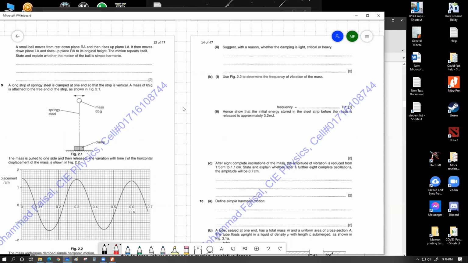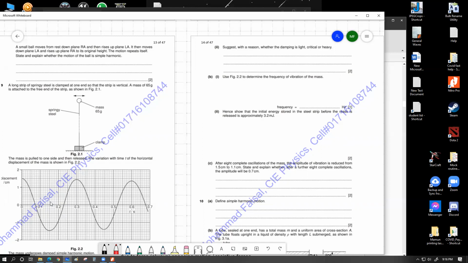Now you have to give a reason with respect to the graph. How do you write that in words? If I was writing this, I would write that the amplitude of the motion is seen to decrease by a small fraction, but the amplitude is not coming to a stop immediately.